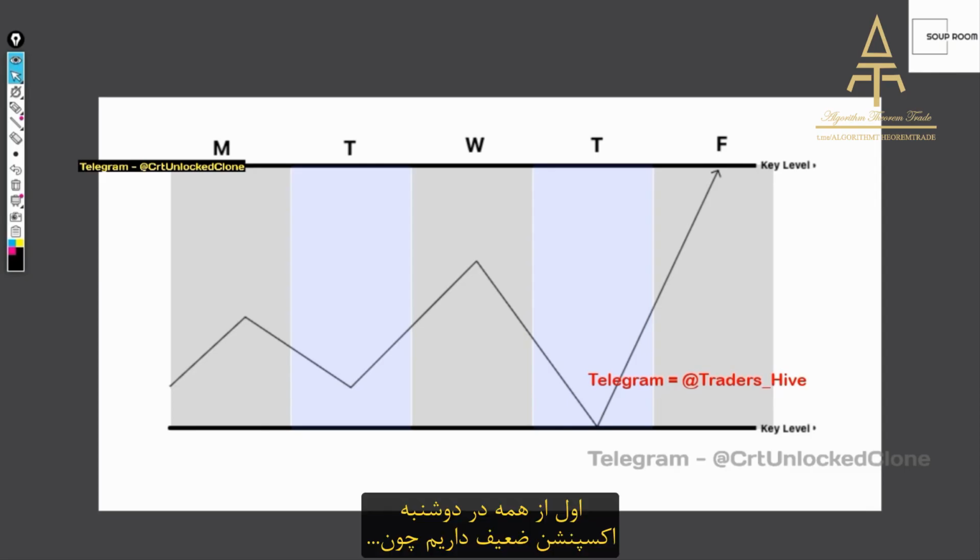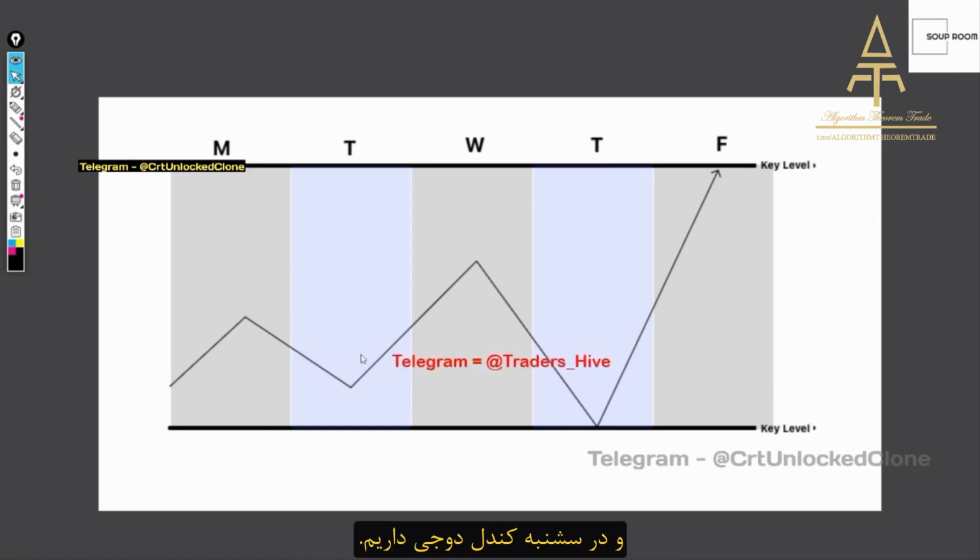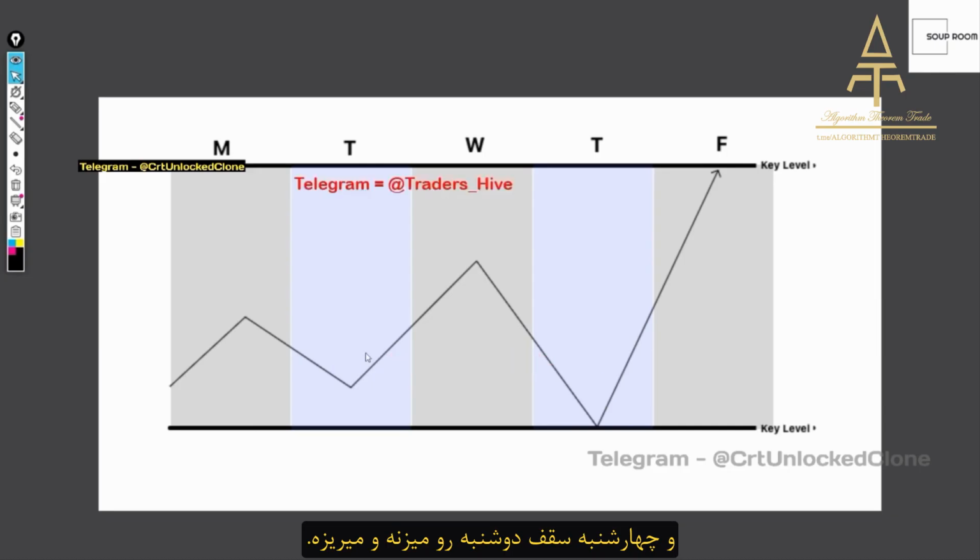So firstly, we start with a Monday expansion. This is a weak expansion due to the fact that we have not yet hit a key level. Right? You can see right here, Monday never hit a key level. On Tuesday, price forms an inside bar. Wednesday's candle takes out Monday's CRT high and starts to expand lower.